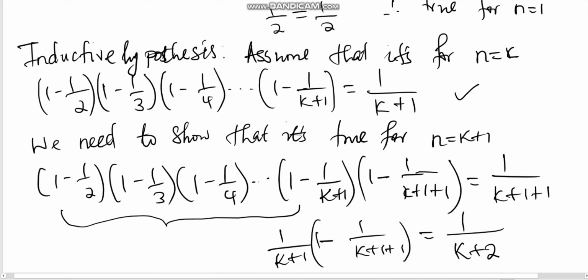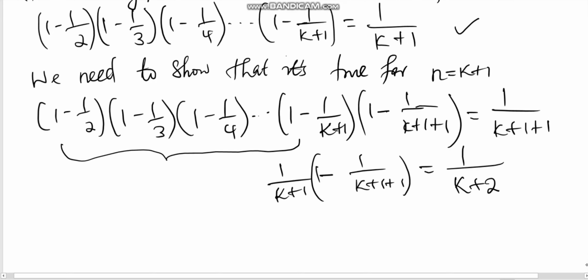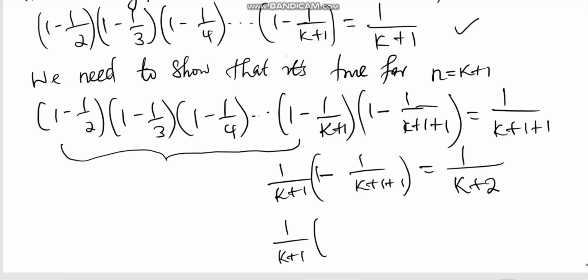Okay, so we proceed. So now here, this is simply 1 over k plus 1, open brackets, 1 minus 1 over k plus 2, close, being equal to 1 over k plus 2 like this here.